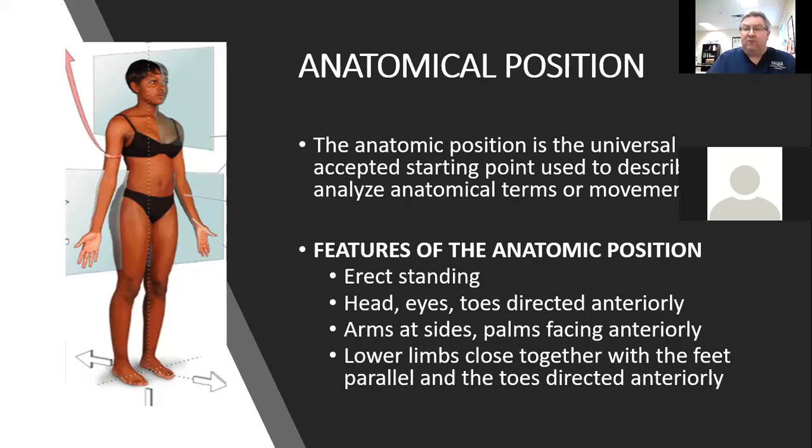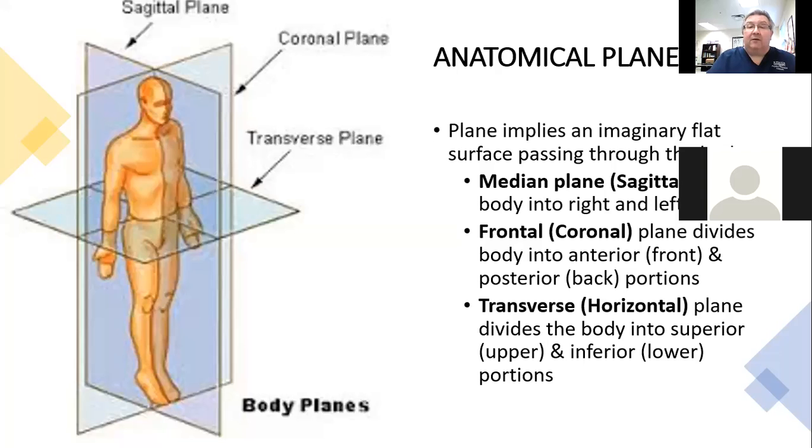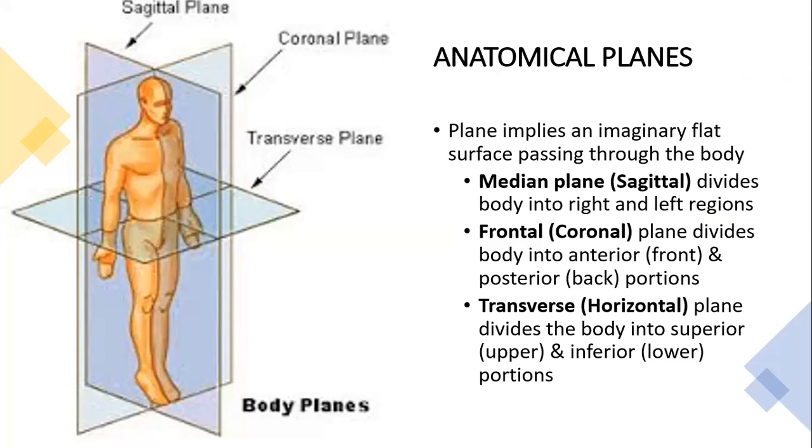So every movement that we do, you've got to consider it from this position. And we do that for many reasons, but the most important reason is that we move in planes. We move in different planes.